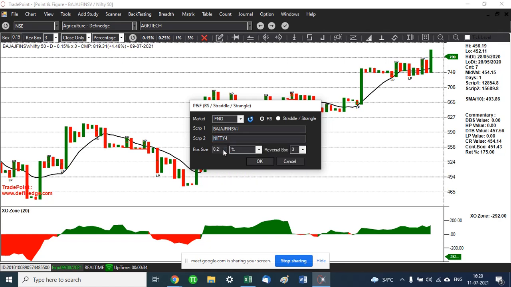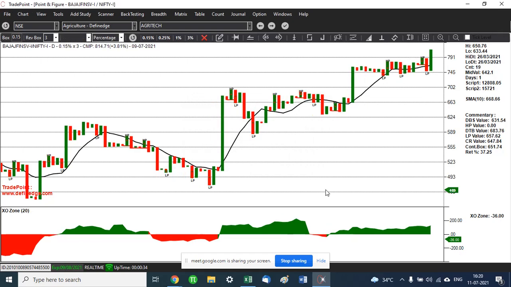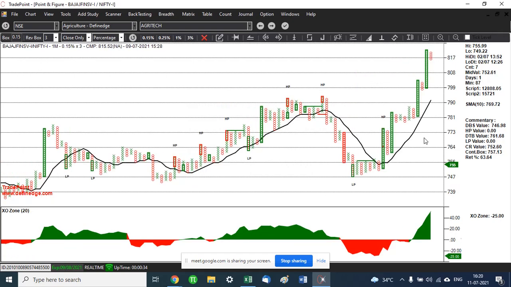Yeah, so we take the futures values 0.15 and we make it intraday by pressing I. So this is now a Bajaj Finance to Nifty ratio chart plotted with a 0.15% box value, which means intraday.